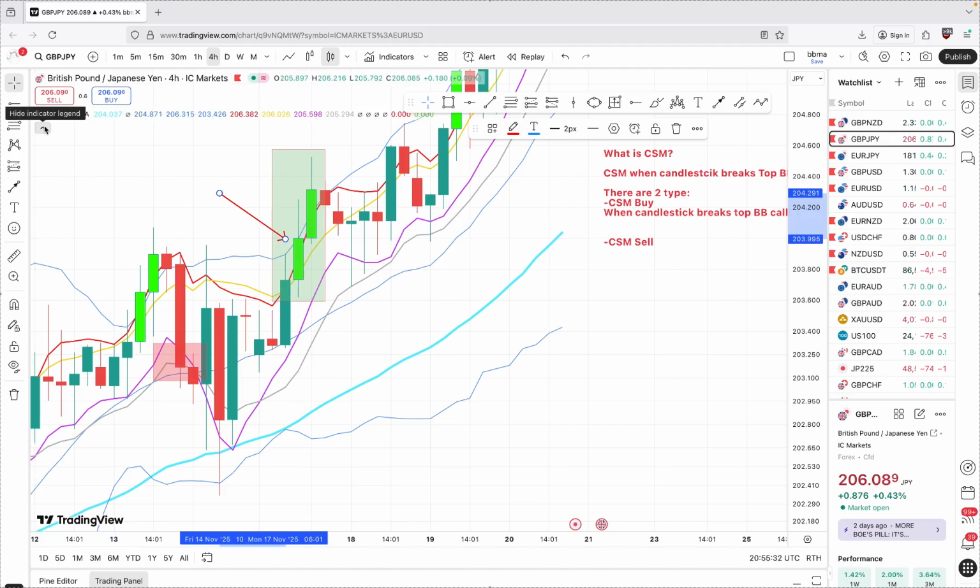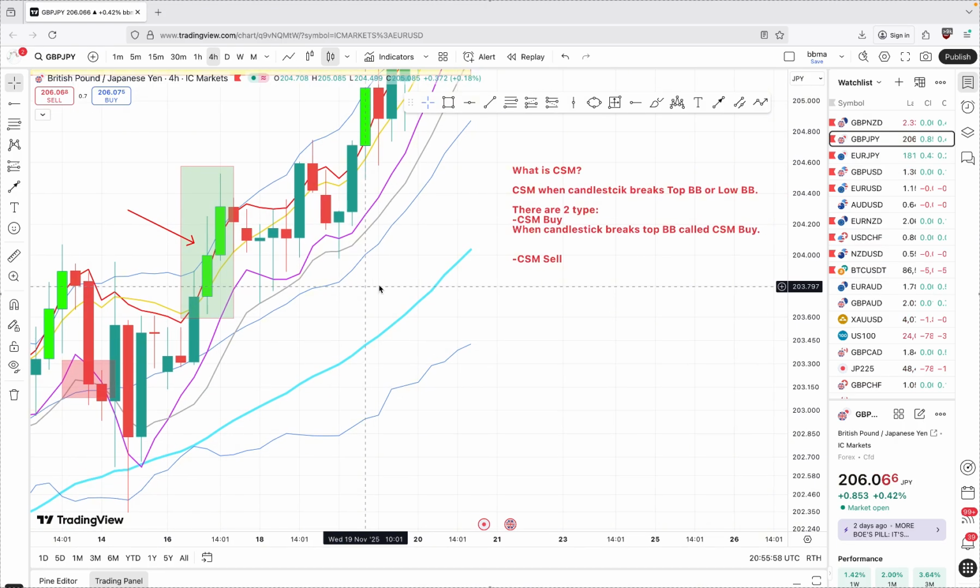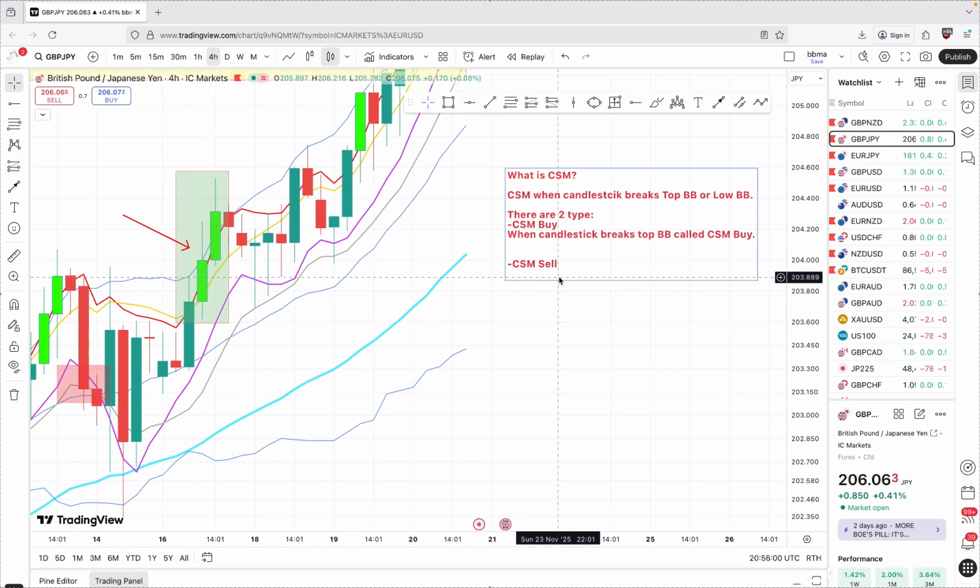I already made a video on how to install these indicators and how to find this indicator. This is really nice: when the market breaks top BB, it forms CSM buy. When there is a CSM buy, the market retraces to MA510 low. That's the last topic, re-entry. I will show you later. So this is CSM buy.